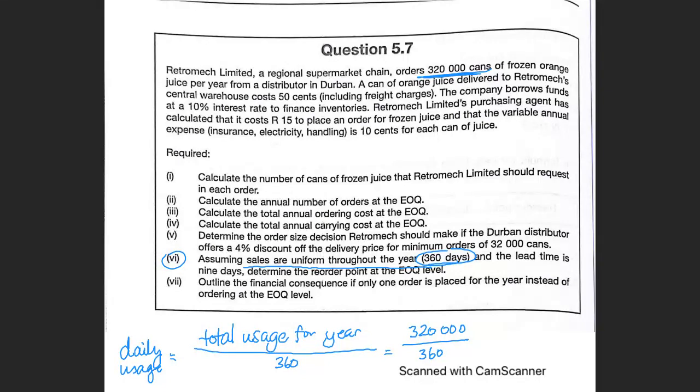We're doing this right at the get-go because it's easier to understand where your information came from as we go along, and we're identifying right away that on average it is 888.89 units that are being used per day. Okay, any questions here before I move on?